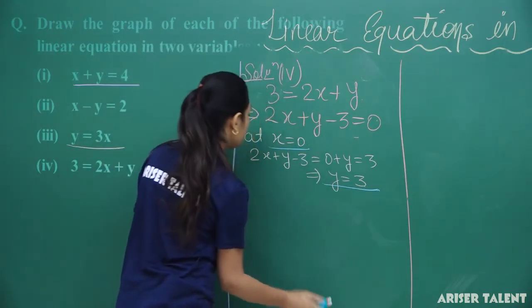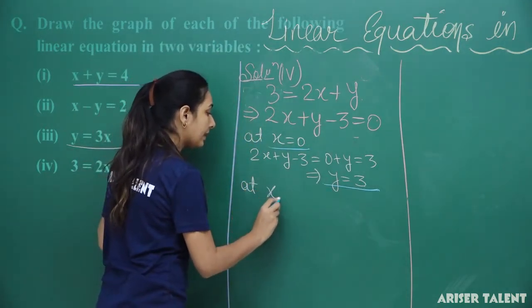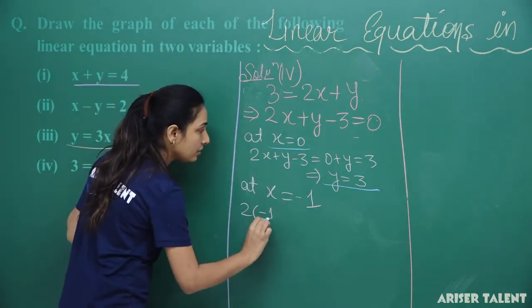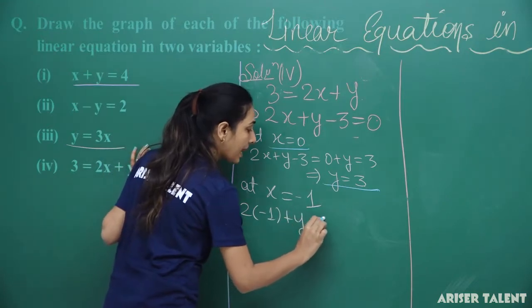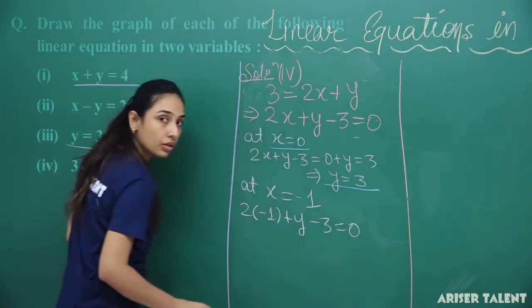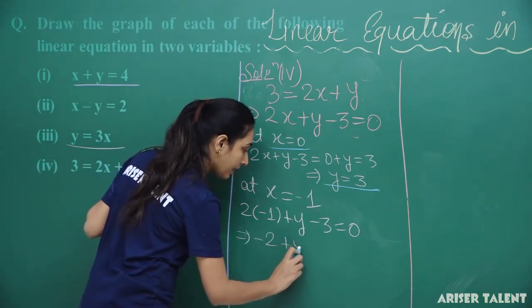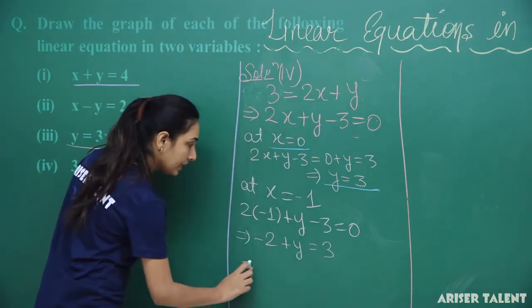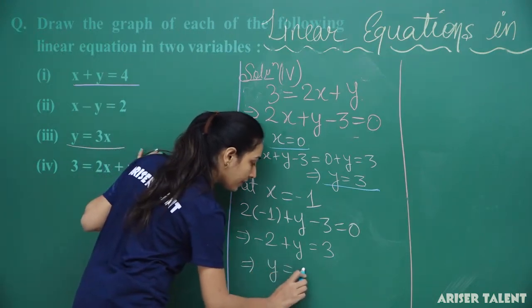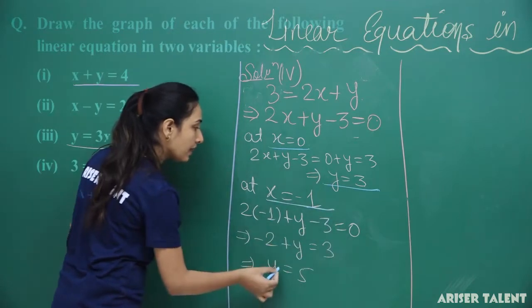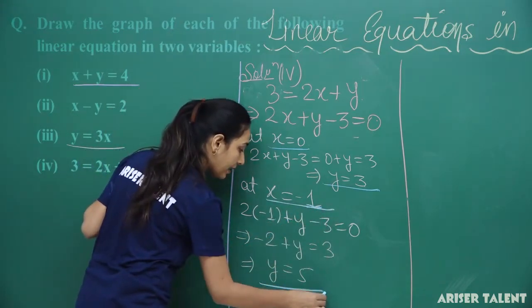At x equals minus 1, we get 2 times minus 1 plus y minus 3 equals 0. That means minus 2 plus y equals 3, so y equals 5. So at x equals minus 1, we are getting y equals 5.